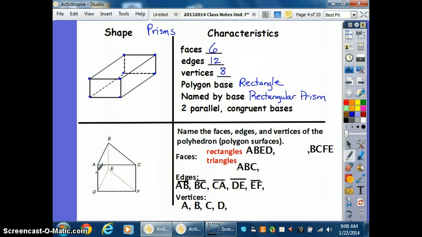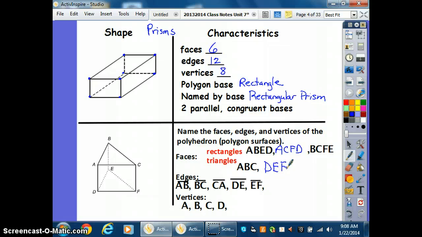So let's name the front rectangle A, C, F, D. There are two triangles. I have one of them labeled ABC, and then I need the bottom one, DEF. So there are 5 faces.